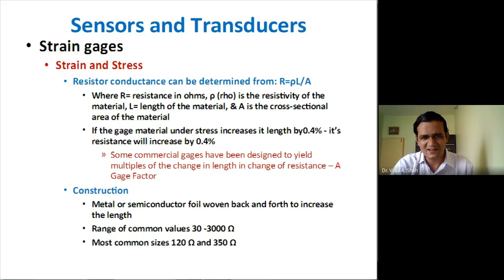The resistance of the conductor can be determined from R is equal to rho L divided by A. This is for strain and stress conditions. The resistance of the conductor can be determined by this formula. R is what? Resistance, the change in resistance occurs in terms of ohms. Rho is the resistivity of the material which you are utilizing as strain gauge material. Capital L is the length of the conductor of this material, and A is the cross sectional area of this material.